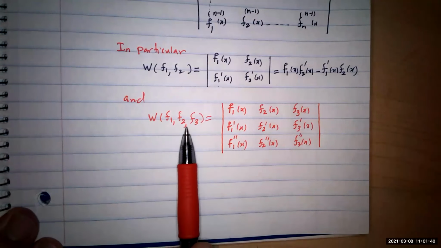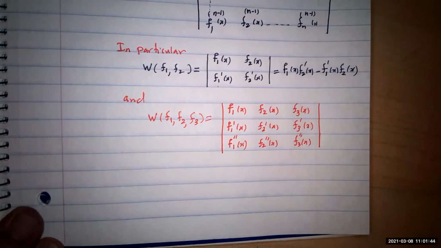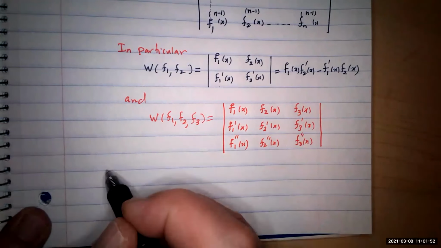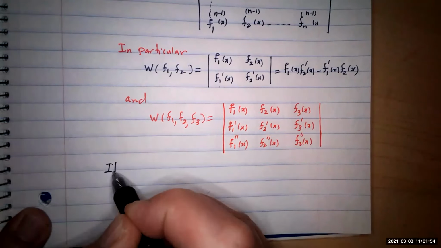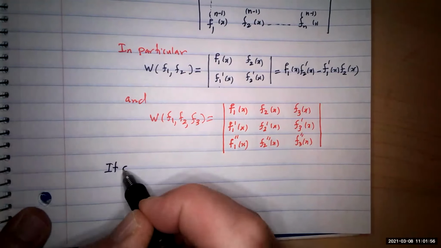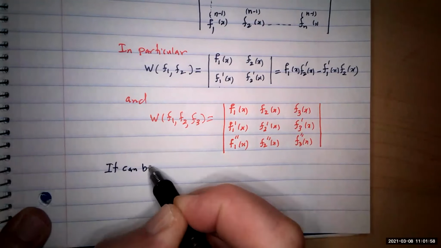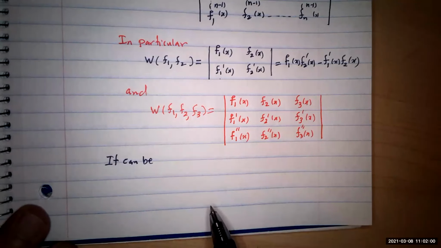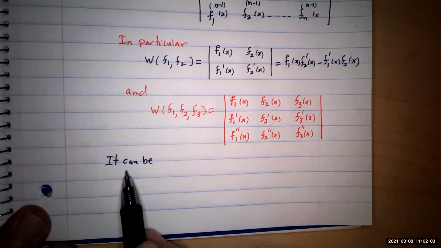So if this Wronskian is not equal to 0, this means eventually that the system of equations would have only the trivial solution, and then that gives you the result. Okay, so I just briefly gave you these ideas. It's a nice application of linear algebra for the differential equations course.